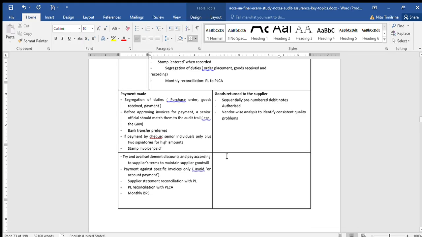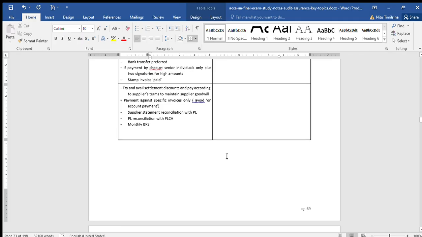Take advantageous settlement discount and pay according to supplier's terms to maintain supplier goodwill. And payment against specific invoice only. Avoid on account payment.